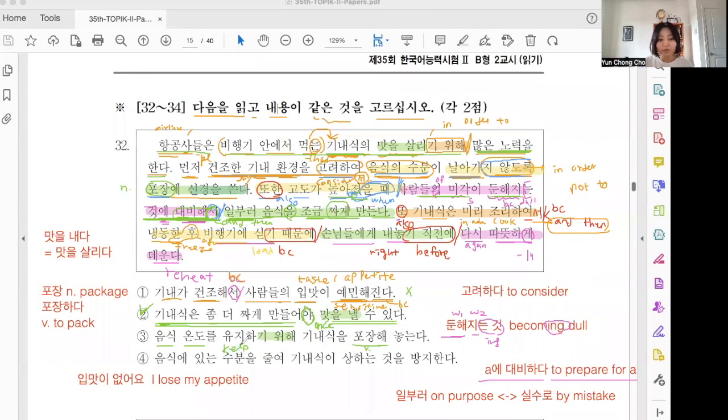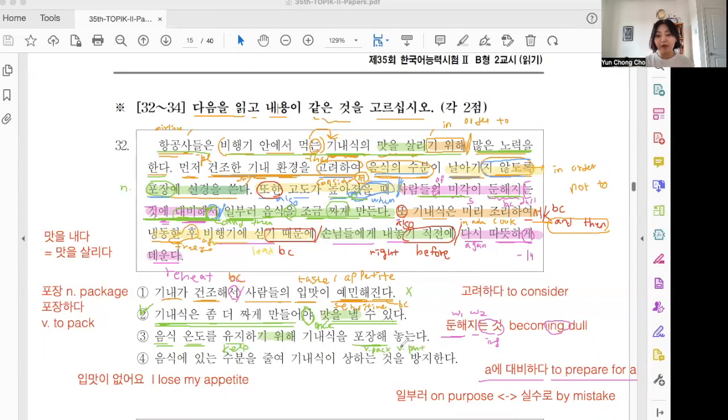So in order to keep the food temperature, they pack. And this is two words together. One word is the verb 포장하다. The other verb is to put. So whenever you have these two words together, the first word is always in conjugated form.